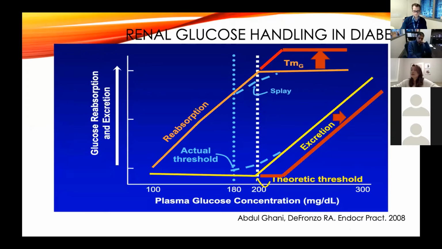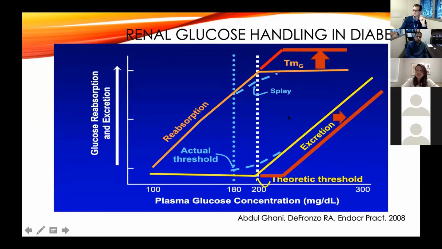Just in terms of glucose handling in diabetes, the proximal tubule hypertrophies, and there's a fourfold upregulation of sodium glucose cotransporters, such that the reabsorption capacity is increased from a normal range of 180 to 200 to about 200 to 300.